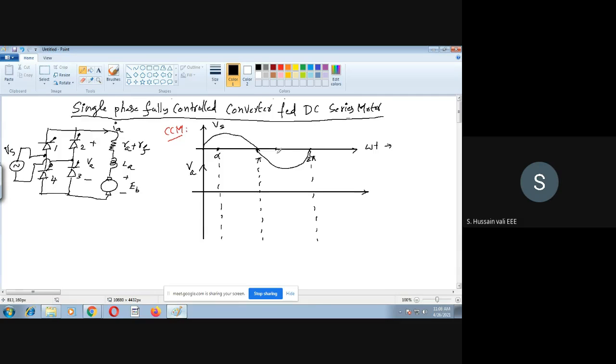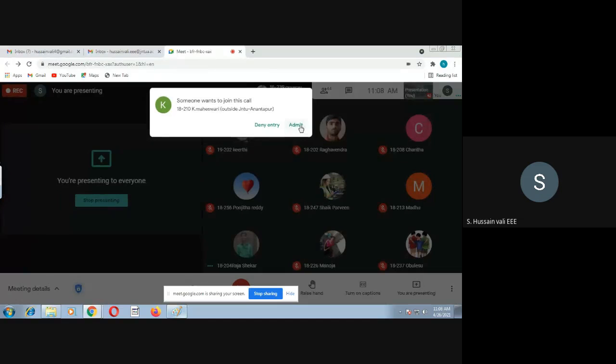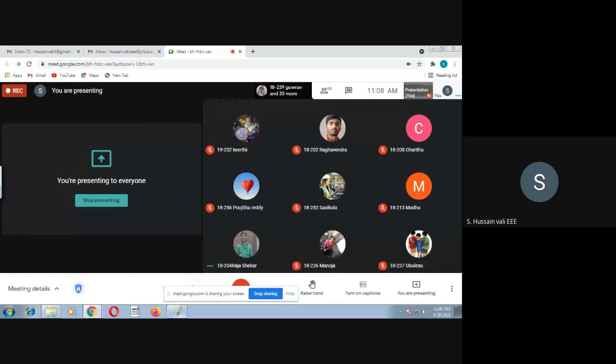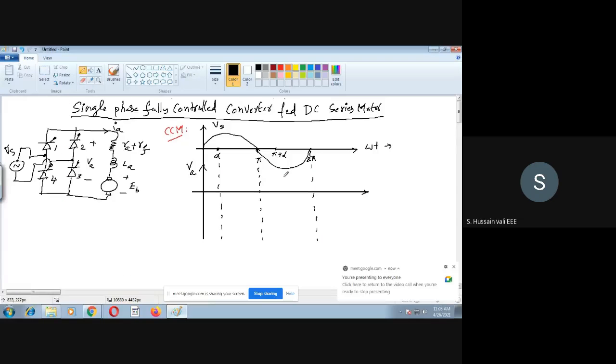Now I have taken continuous conduction. I hope you know that continuous conduction means that the current in the armature is never zero. It is always there.